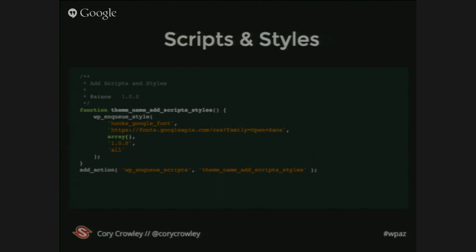In this instance, it'll call theme_name_add_script_styles. At that point, it will enqueue a style, which does other things, but it basically ends up outputting this Google font, for example, in the header with the correct link tag, with wp_enqueue_scripts.